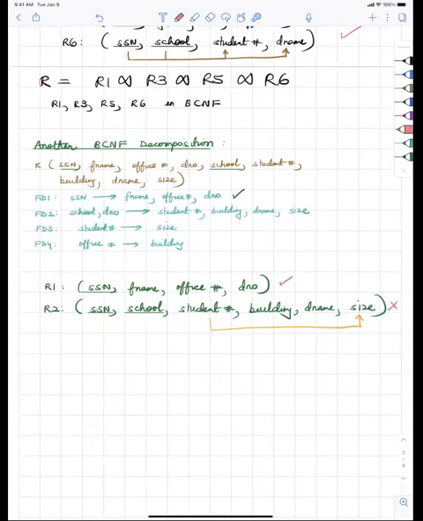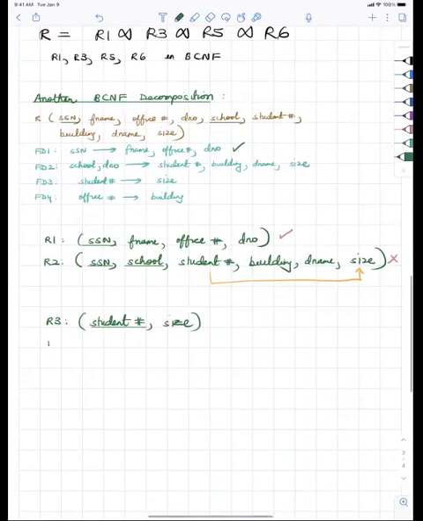We're going to have R3, which is student number and size, where student number is the key, and then you have R4.